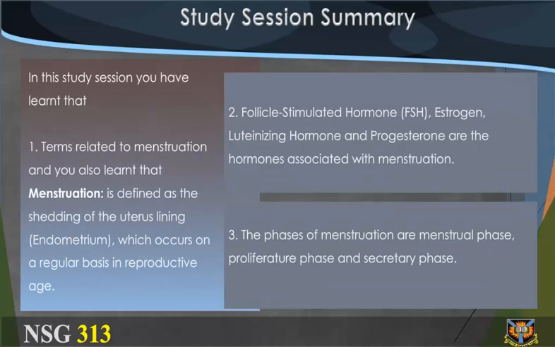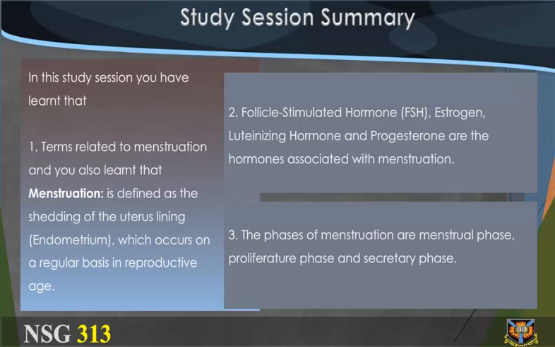Study section summary. In this study section, you have learned that: 1. Terms related to menstruation, and that menstruation is defined as the shedding of the uterus lining, the endometrium, which occurs on a regular basis in reproductive age. 2.